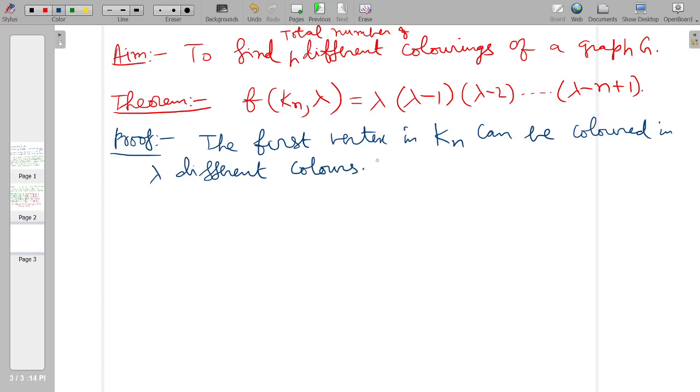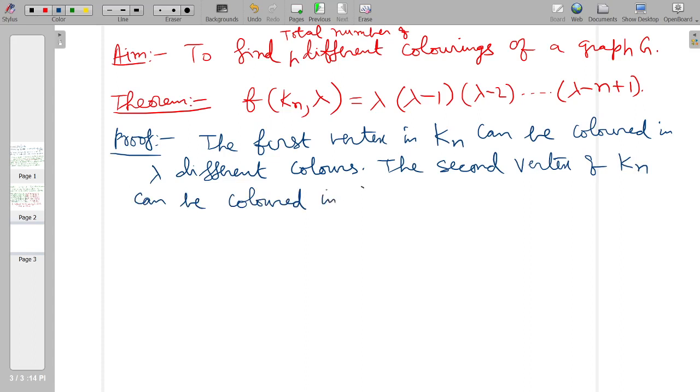The second vertex of Kn can be colored using lambda minus 1 different colors.